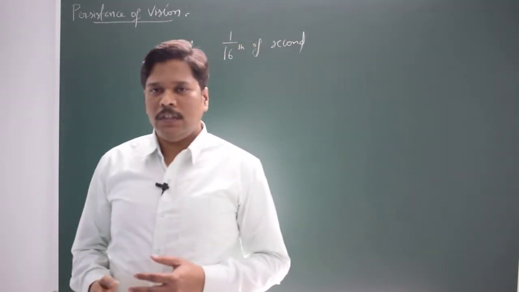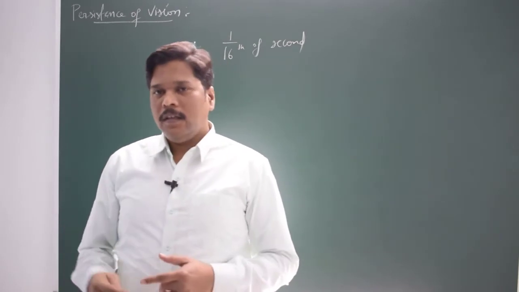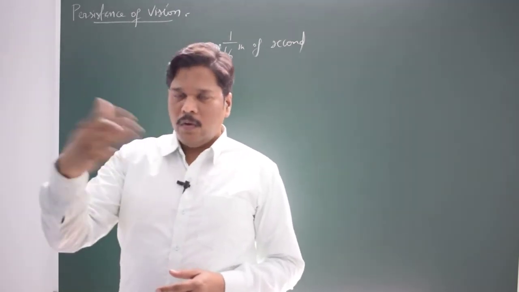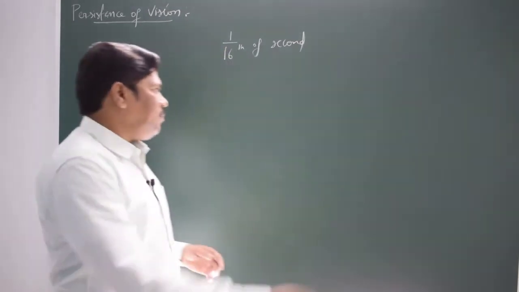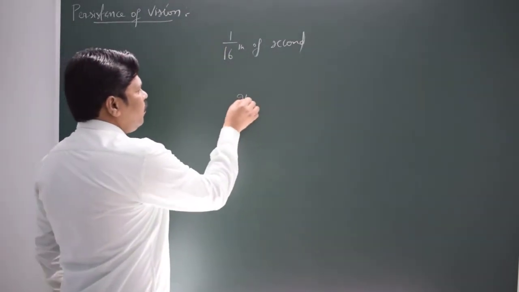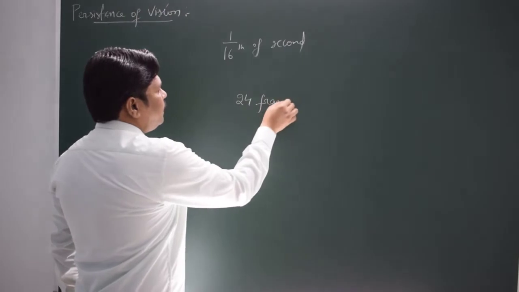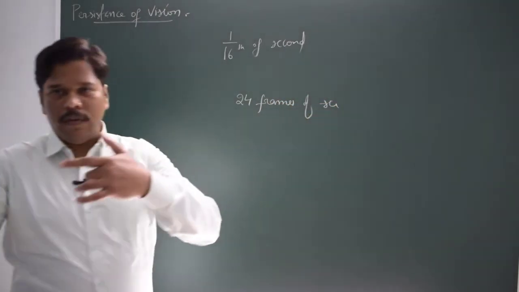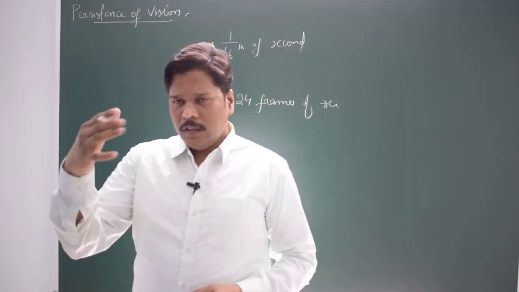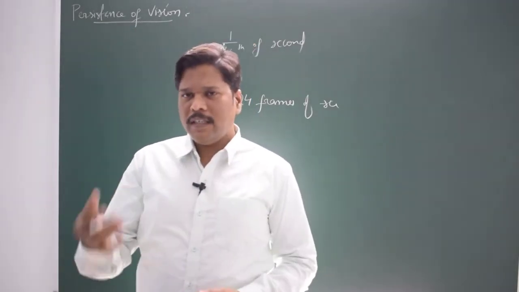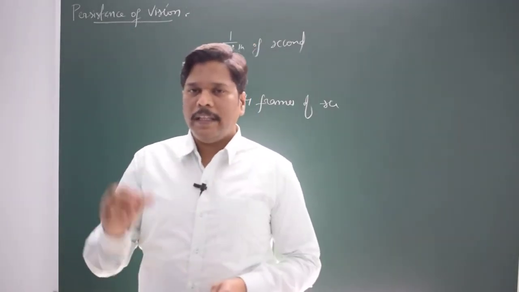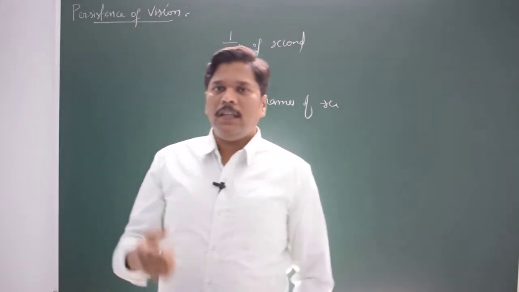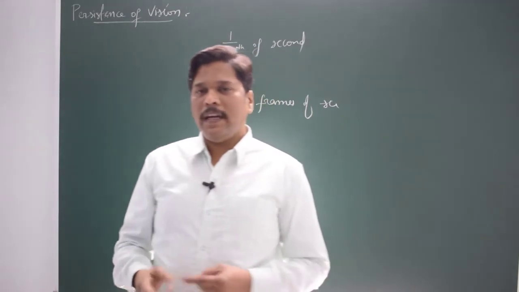The number of frames rolled is 24 frames per second. Before the image of the previous frame fades away, we will have the next frame, so that there will be a continuous motion picture with 24 frames rolling for a second.